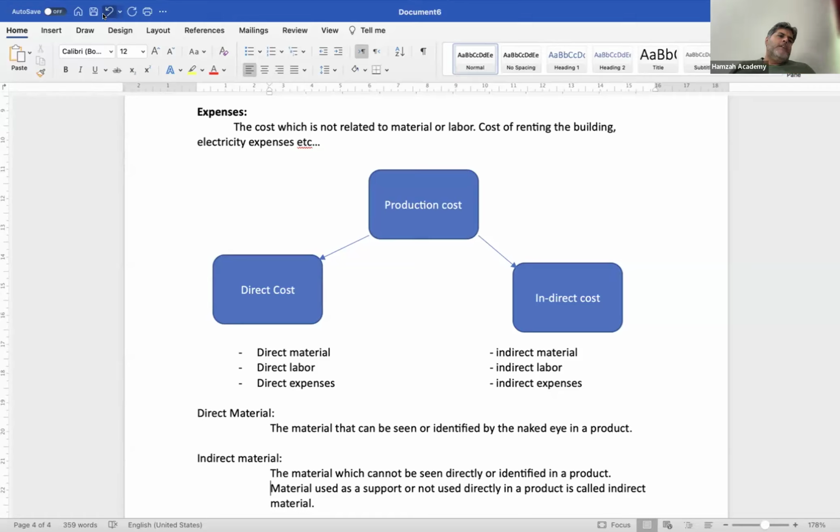For example, if we have used the cloth, we can calculate how much of the cloth has been used, and we can straight away and easily calculate its cost.